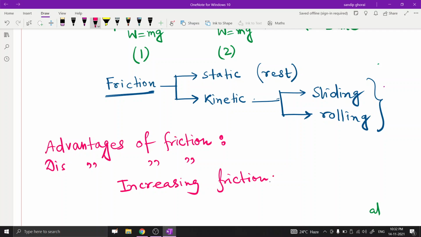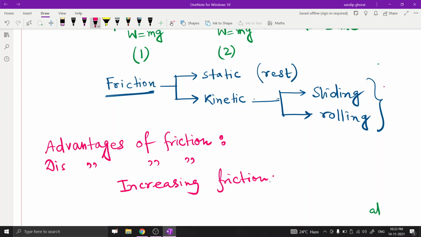Now the question is how we reduce friction. To reduce friction, we generally use oiling, lubricating, polishing, streamlining, and also providing wheels or ball bearings. In this way we decrease frictional force in different types of machines. You have to know what streamlining is.